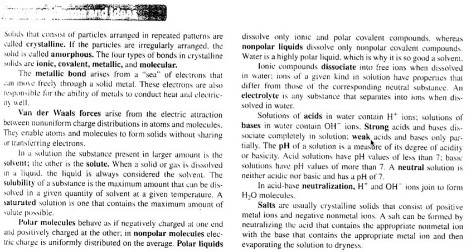Now come to this word pH, which is a scale for identifying the nature of a material as being acid or non-acid. So the pH of a solution is a measure of its degree of acidity or basicity. The pH of water is 7.